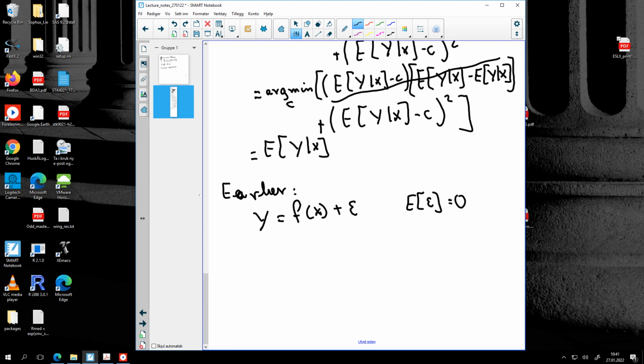And then we have that the expectation of y given x is just f of x. And this is the target. That's the function that we actually want to estimate. And this decision theory is then an argument for why this expectation is a reasonable thing to do, or actually an optimal thing to do in this setting.